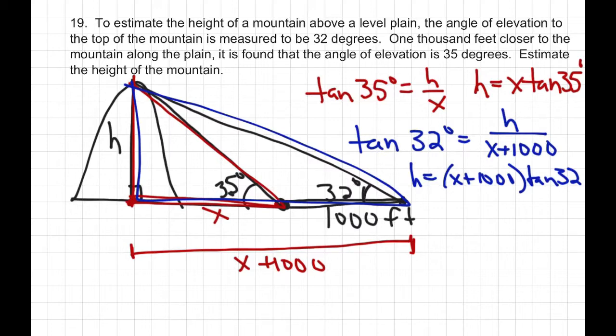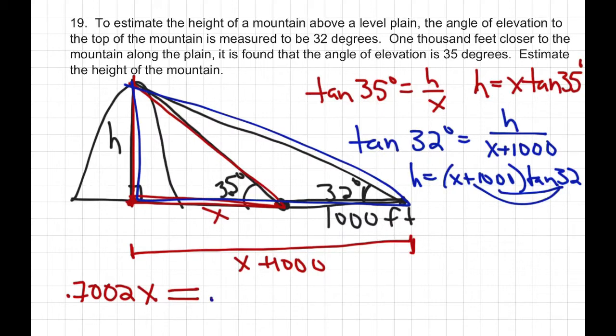So the tangent of 35 is 0.7002. So I have 0.7002x. And that's going to equal x plus 1,000 times the tangent of 32. The tangent of 32 degrees is 0.6249, and then I'm going to distribute.